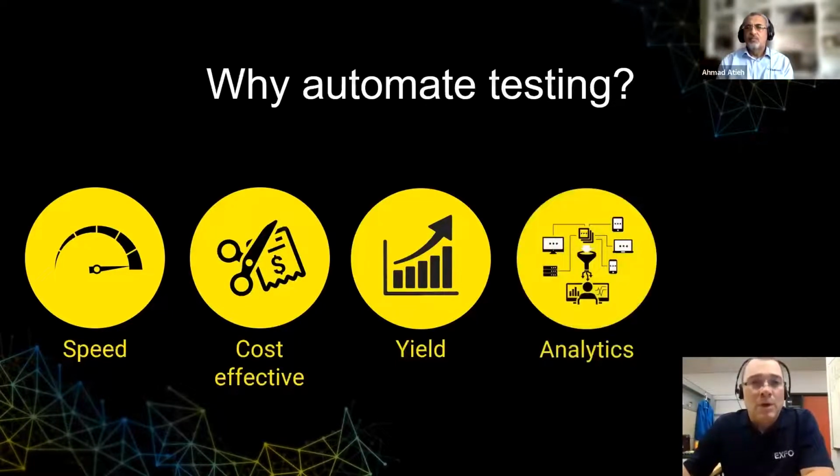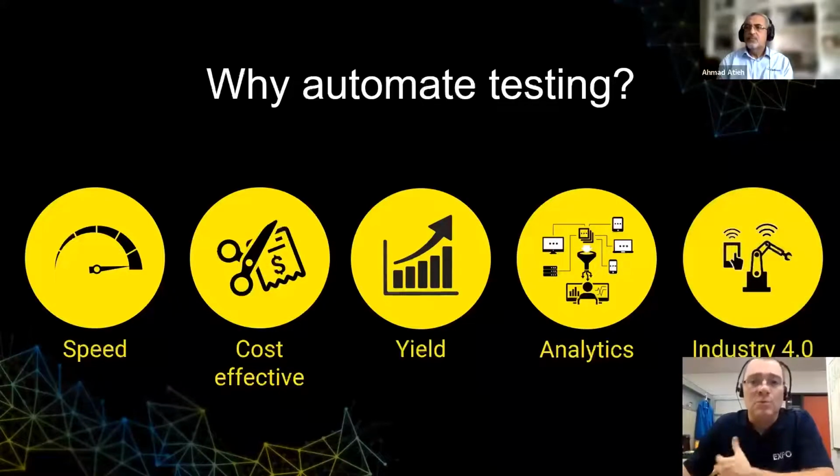Then if we accumulate a large amount of data, which is easier when you do automation, we can do analytics and statistical investigations on our data. At the same time, we also participate in the Industry 4.0 movement and get more information out of the tests that we do.